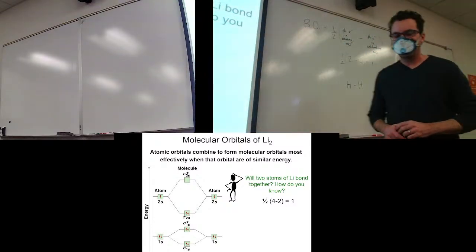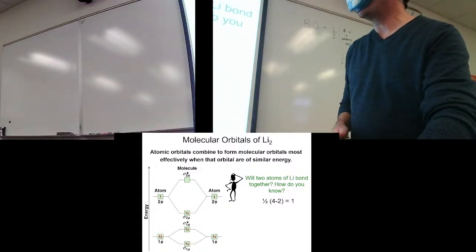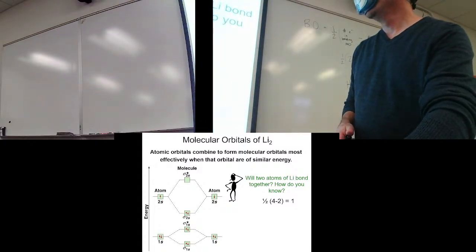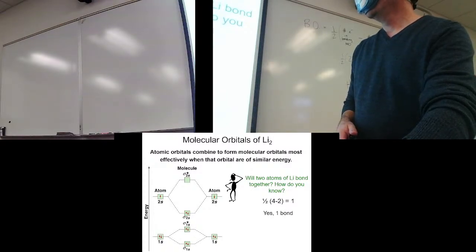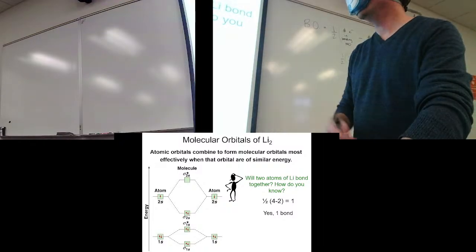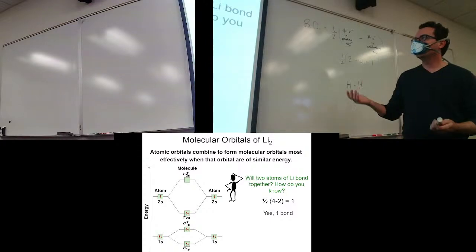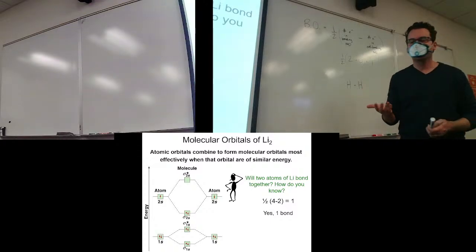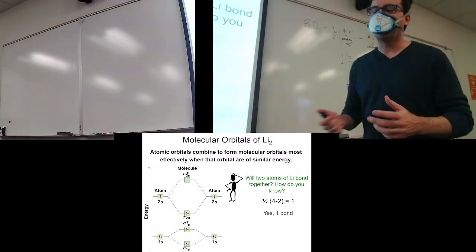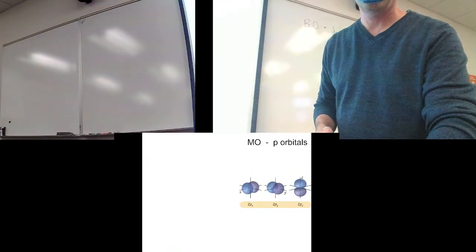So anti-bonding MOs are always labeled with a little asterisk. All right, so that's something else you can't do with Lewis structures. If I try to do a Lewis structure for Li2, it'll come out a little weird. It might work actually, but it'll come out a little weird.